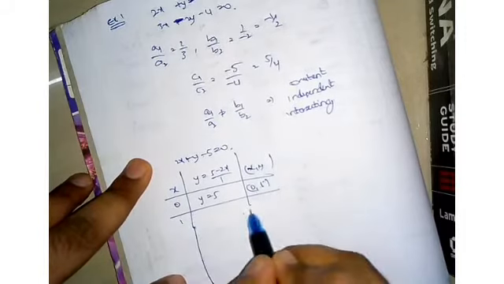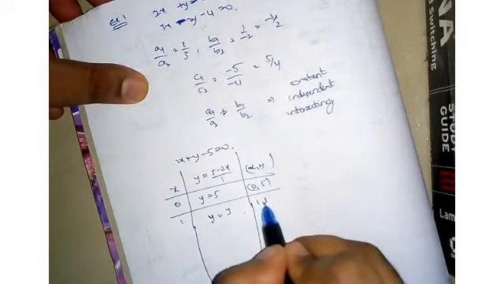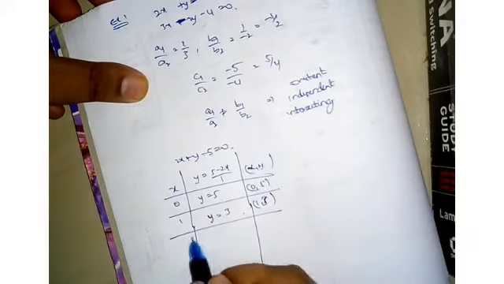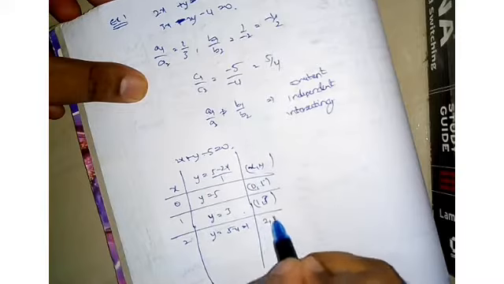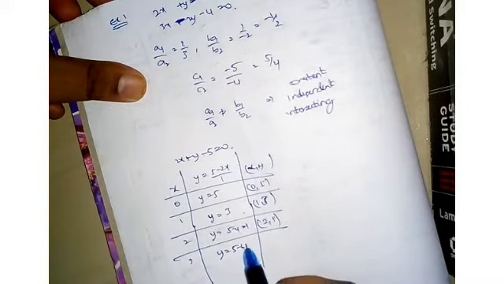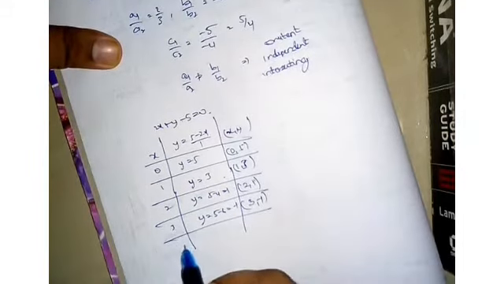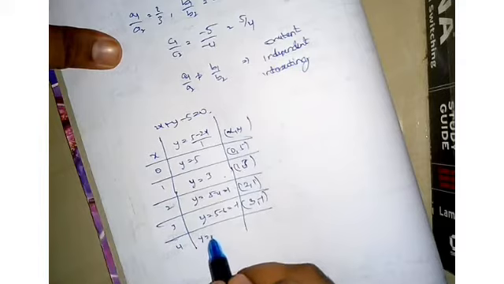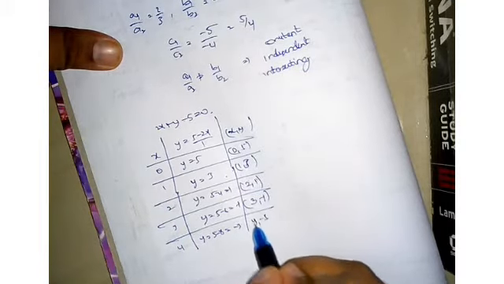For 1, y will be 5 minus 2 is equal to 3, so 1 comma 3. For 2, y will be 5 minus 4 equals 1, so 2 comma 1. For 3, y will be 5 minus 6 equals minus 1, so 3 comma minus 1. For 4, y is equal to 5 minus 8 equals minus 3, so 4 comma minus 3.